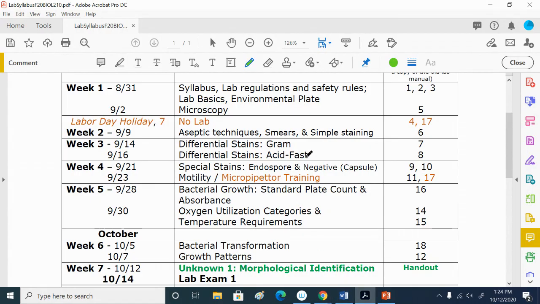For the acid-fast stain, what genus do we use the acid-fast? Which one? Mycobacterium. Right, Mycobacterium. Remember that thick waxy cell wall? And so we have to use heat in order to help the stain penetrate. And so what's the primary stain for the acid-fast stain?